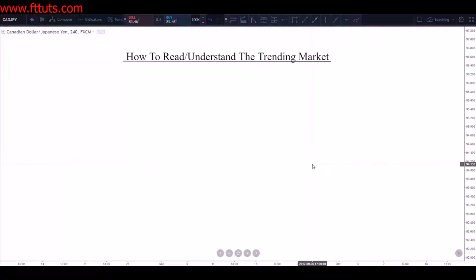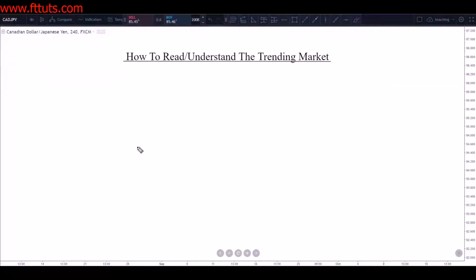The strategy we're going to learn is a trend continuation strategy, so that's why we're going to be taking a look at trending markets for the remainder of this course until the end of the transition phase. At that point, we'll take a look at reversals, consolidation, and more advanced strategies, but for now, we're going to focus on just trending markets. So let's dive into how to read and understand the trending market.